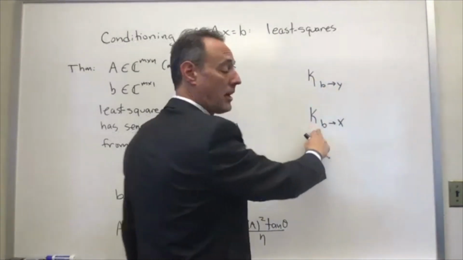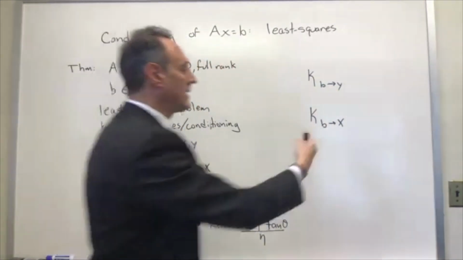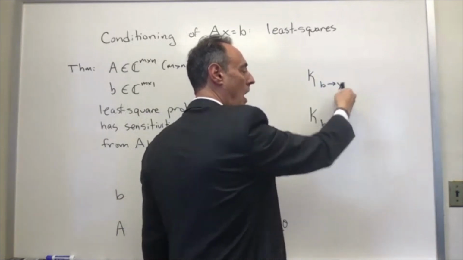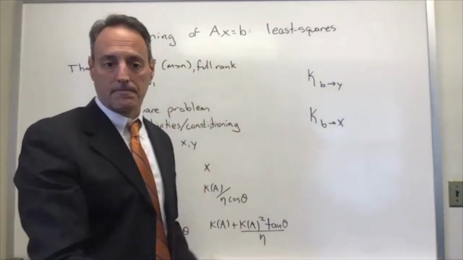How much does it affect my solution X if I perturb B? Remember, X is different than Y. X is my solution, Y is my approximation to B, which is A times X.